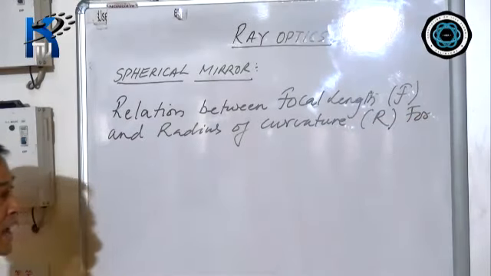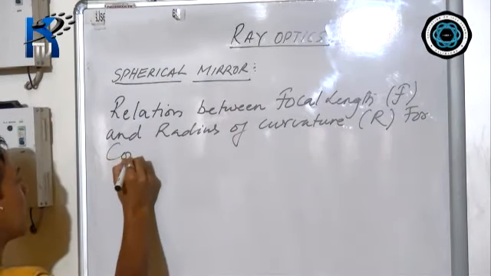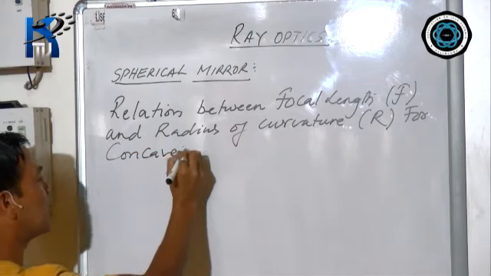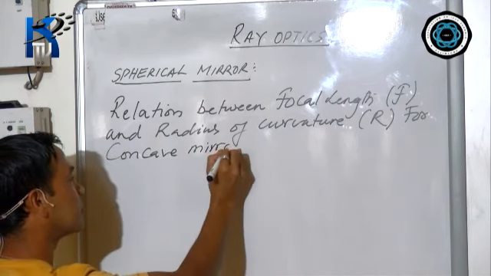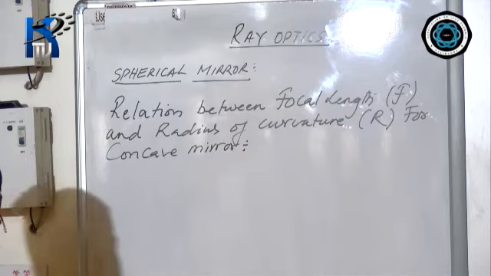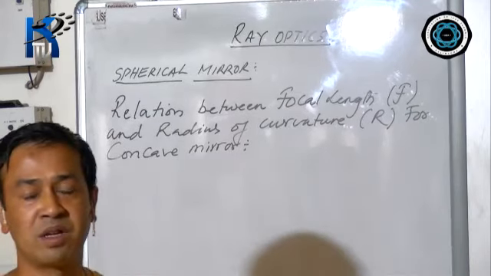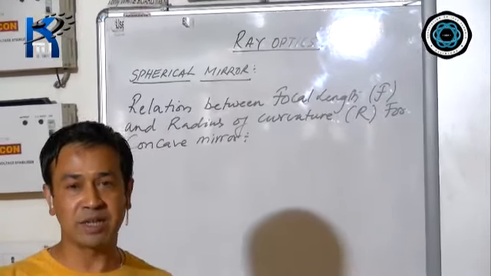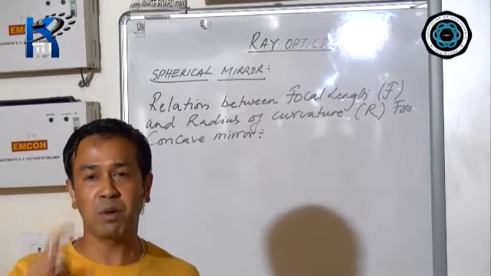I'm telling you again, I'll choose one type of spherical mirror, that is called concave mirror. Now in order to derive this relation, I take a concave mirror of small aperture.